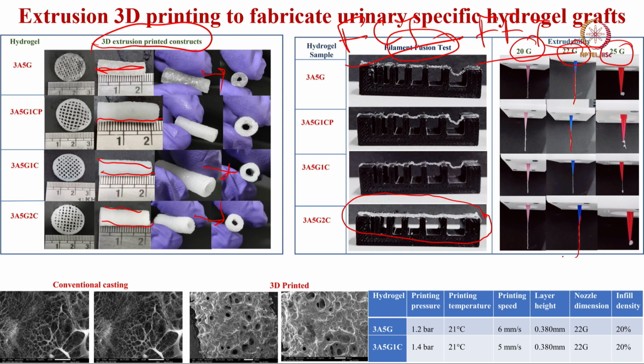It is not only a stable filament, but also a longer filament that can be extruded without filament failure, which is very important. If you go to the 25G, it can hardly be extruded, particularly with 3A5G 2C, it forms a kind of spheroid.